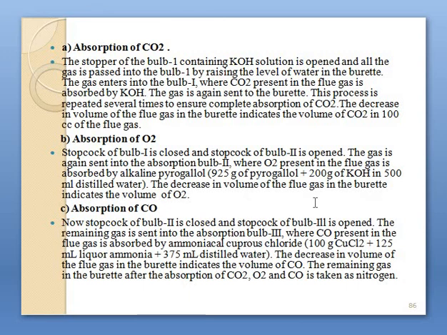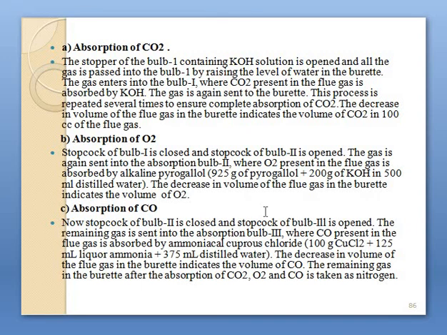In a similar way you do the absorption of CO. Now bulb 2 is closed and bulb 3 is open. The remaining gas is sent into bulb 3 where the CO is absorbed by ammoniacal cuprous chloride. The ammoniacal cuprous chloride is 100 grams of CuCl2 along with 125 ml of liquor ammonia and 375 ml of water.